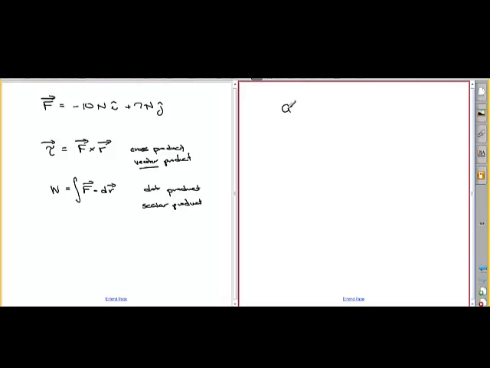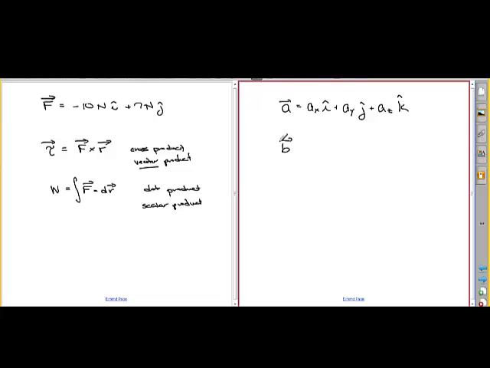Well, let's say we have two vectors. Vector A is made up of A sub x times the unit vector in the x direction, A sub y times j hat, the unit vector in the y direction, and A sub z times k, the unit vector in the z direction.